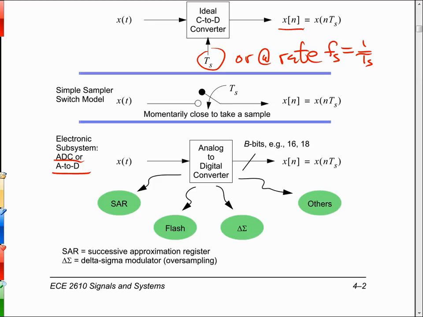You have to have a threshold for every power of 2, or every 2 to the n that you've got in your converter. So that's a lot of comparators, a lot of hardware. But if you need to do things quickly and you want the precision, the flash converter is the ultimate.